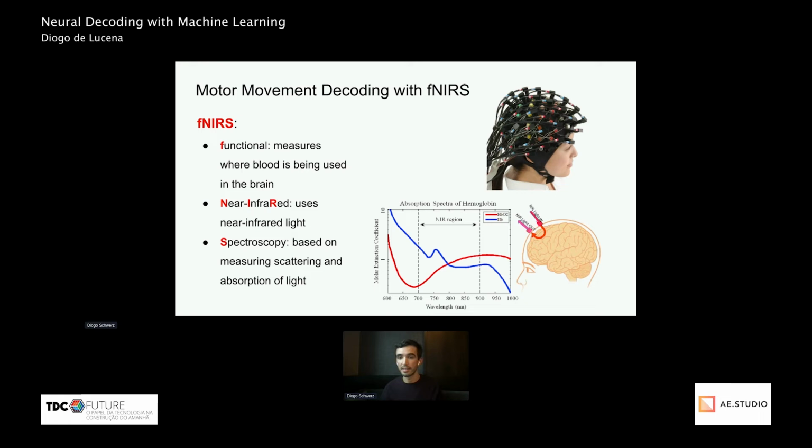The system flashes a light through the skull and through the scalp. And depending on how much light is reflected back, it can tell how much blood is in each part of the brain. And that correlates really well with activation in the brain itself.